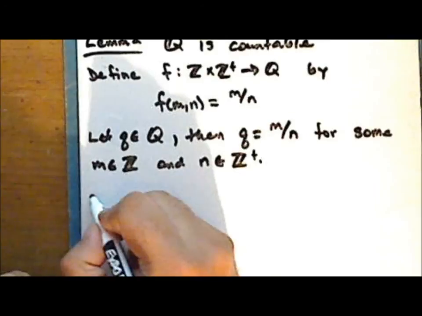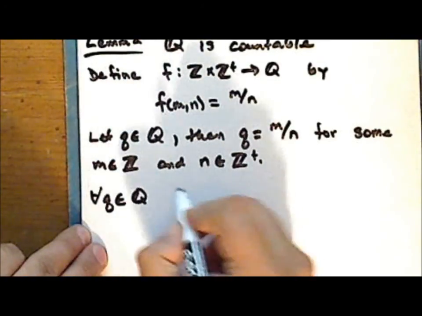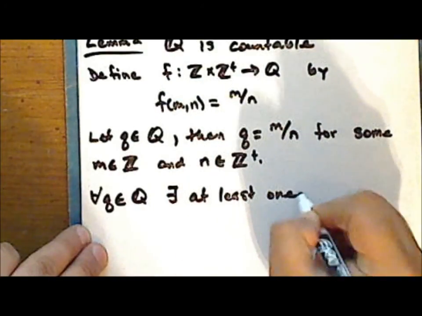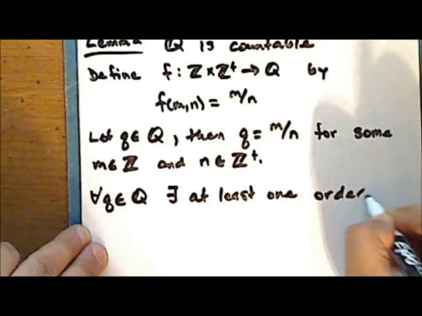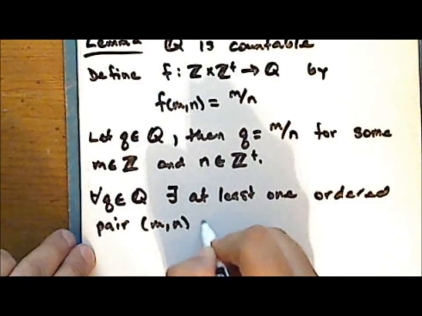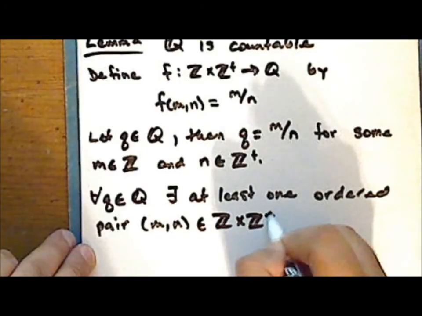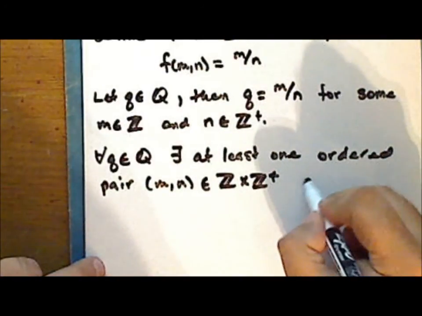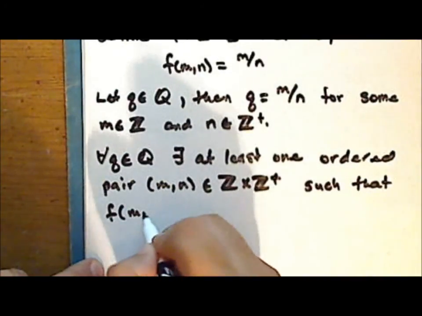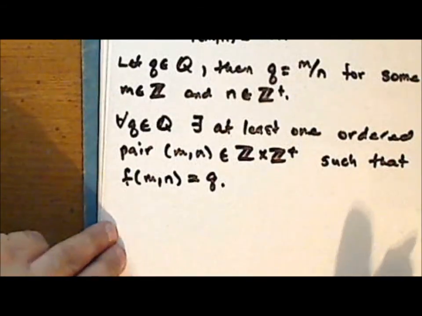And so for every rational number q, there exists at least one ordered pair (m, n) in the product of integers with positive integers, such that the function f maps that ordered pair onto the number q, which is our rational number.